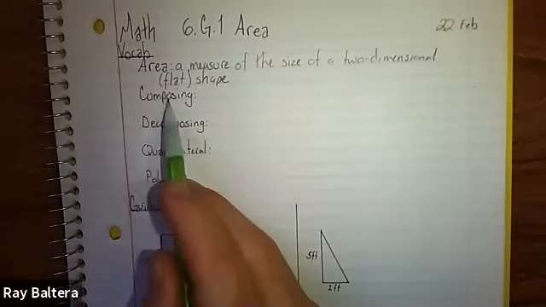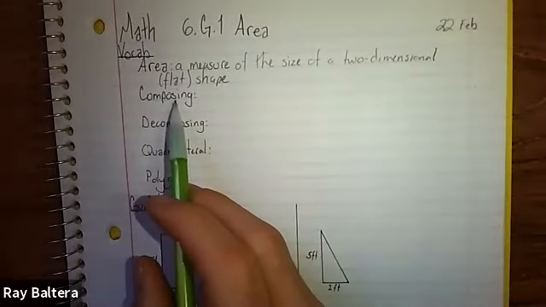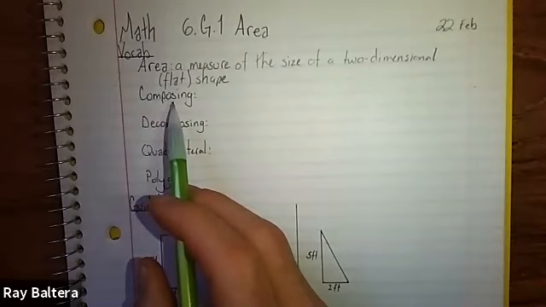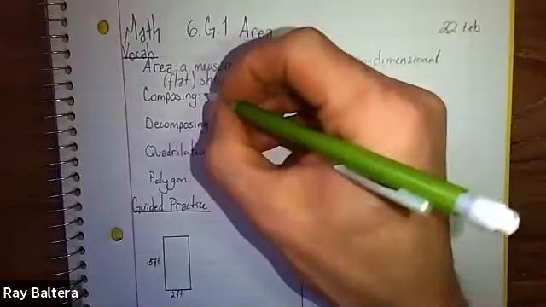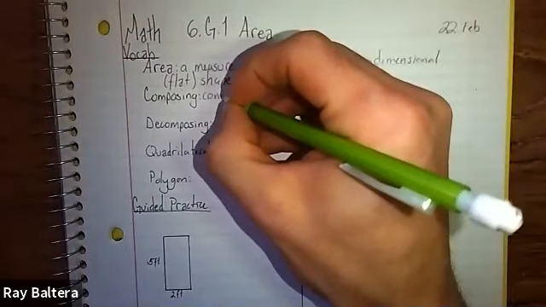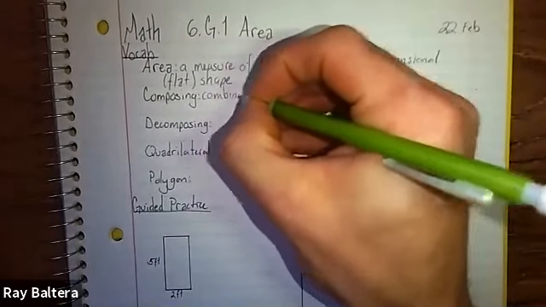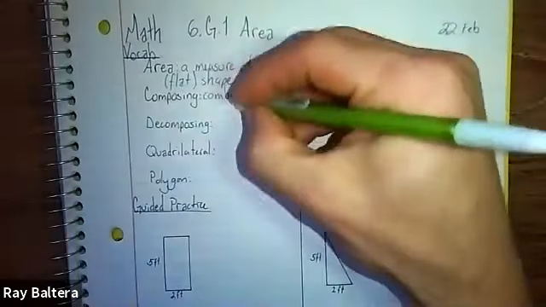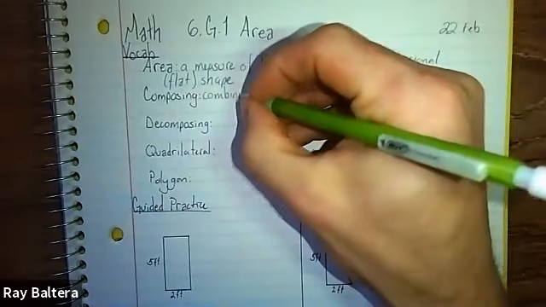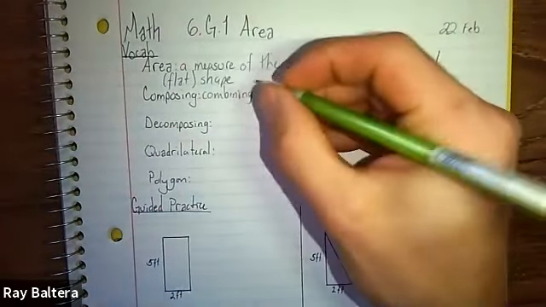Our next term here is composing. Composing means combining parts of shapes to make a larger shape that is easier to measure. Oh, I spelled that wrong. I wrote combing. Combining, there we go.